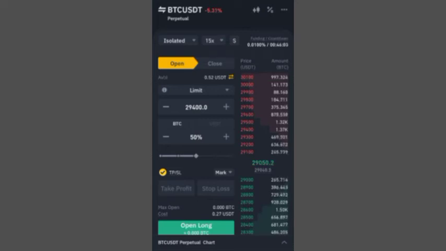So now, how to place this order, which I was explaining: you've already chosen your market price here. You've taken 50%. Now, you set your take profit price and you set your stop loss here. If you want to go long, you click on go long.